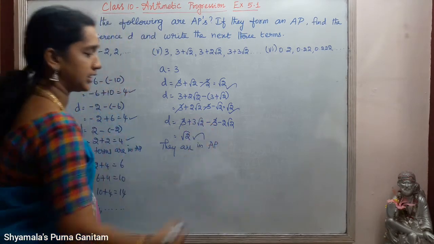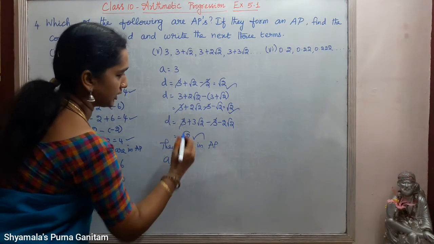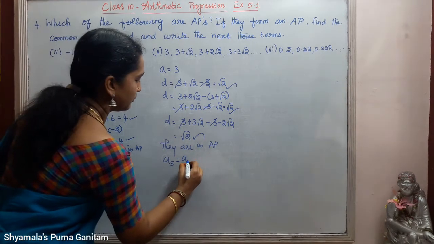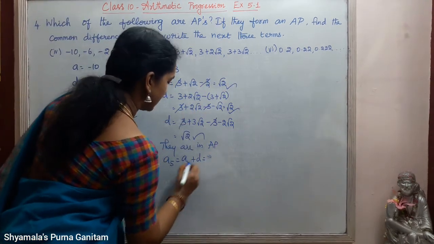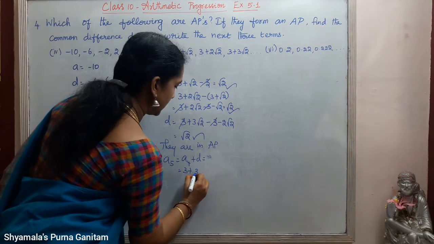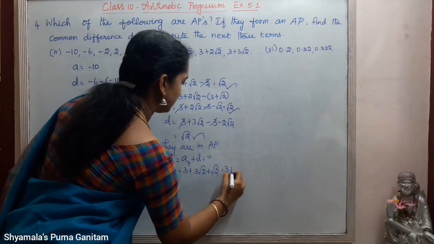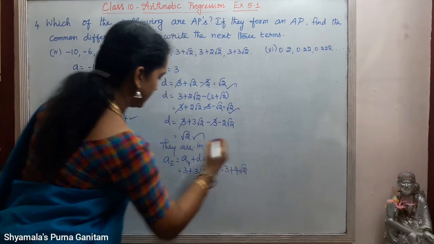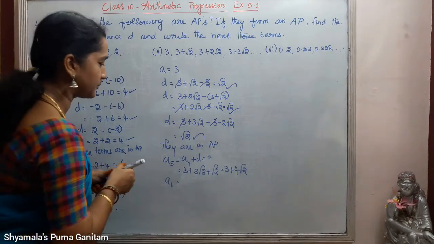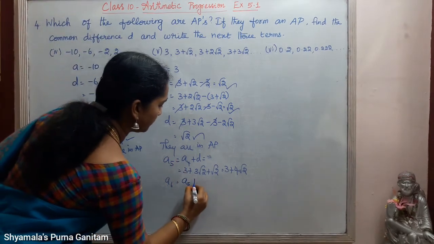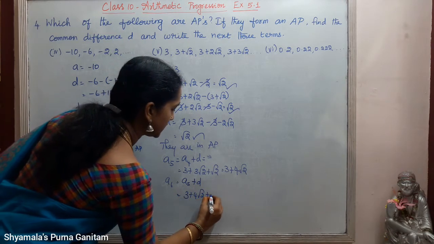The given terms are in AP. So now we will find the next terms. A5 is equal to A4 plus D. So A4 is 3 plus 3 root 2, plus root 2. So we will get 3 plus 4 root 2. Then A6 is A5 plus D. So A5 is 3 plus 4 root 2 plus root 2.